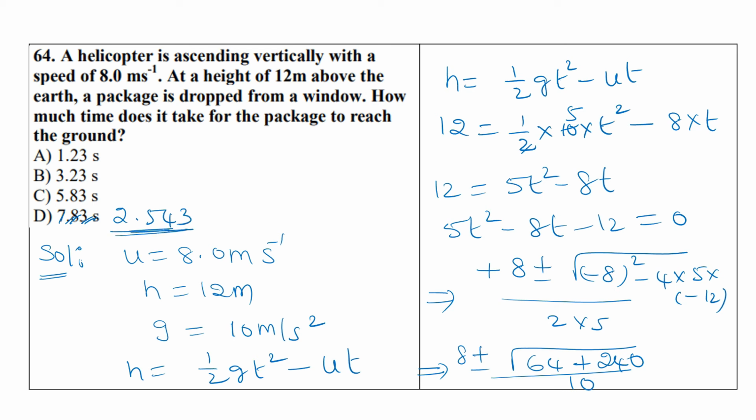Next we will discuss. So finding the roots, 8 plus or minus root 64 plus 240 by 2 into 5, 2 fives are 10.